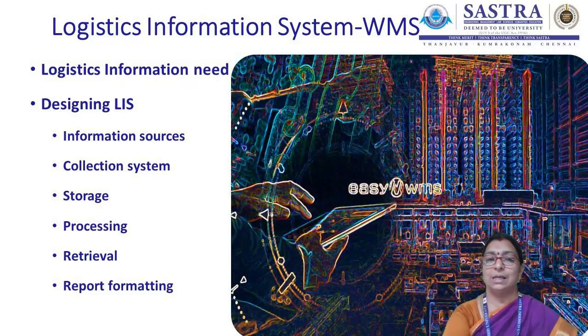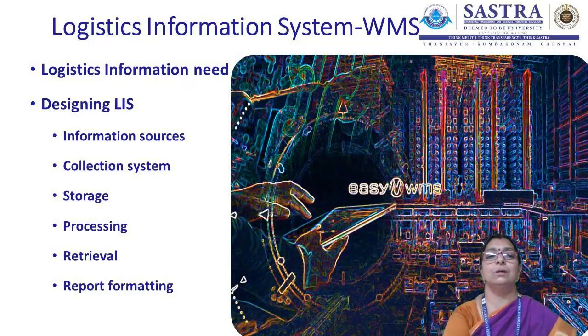So how do we design a logistics information system? What are the components of our logistics information system? It is an interacting structure of people, equipment, methods, and controls designed to create information flow.